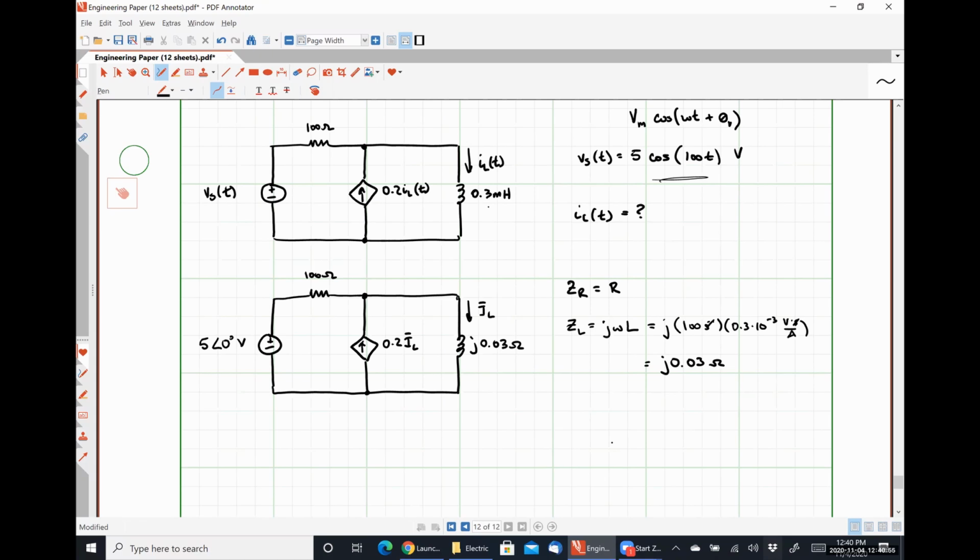Let's start there. Are there any time domain quantities left? No. All right. So I have successfully completed step 1. Convert my circuit from the time domain to the frequency domain. All right. Now we can apply DC circuit analysis techniques.